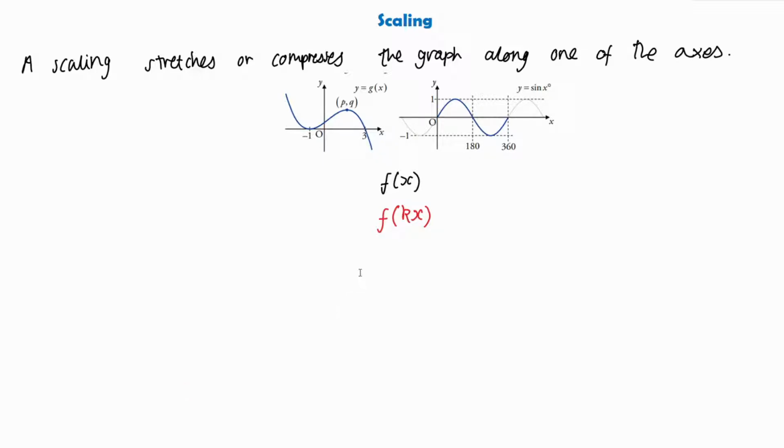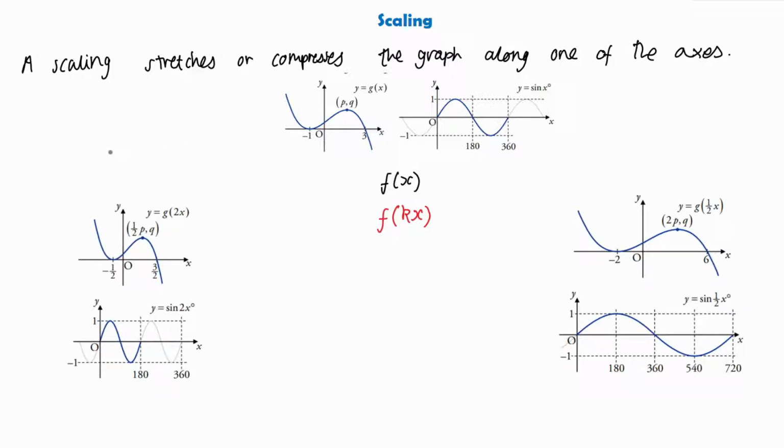We can remember this because the value is next to x, so it's going to stretch or compress our x coordinate. And we can take a look at this, and we'll also see how the y-axis intercept will stay the same.